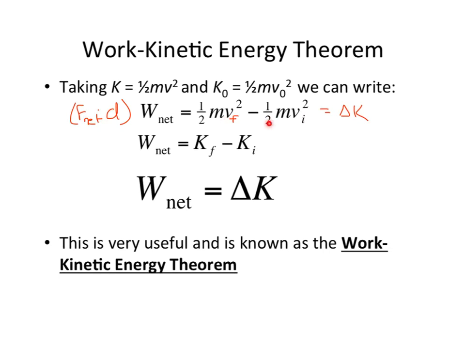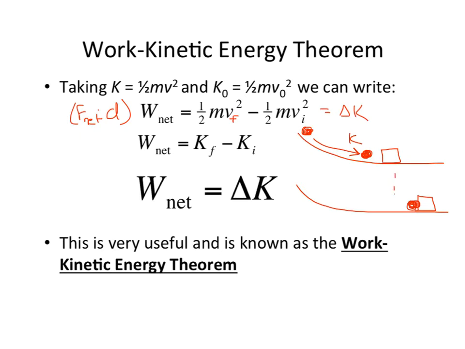Think of it kind of like this. If you have a ball on a track, and there's a box sitting right here, and the ball rolls down the track, it has kinetic energy. But it hits that box and pushes that box some distance.